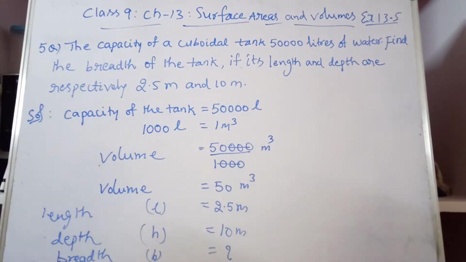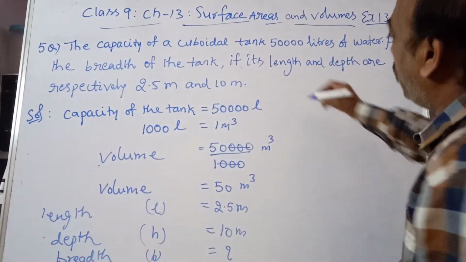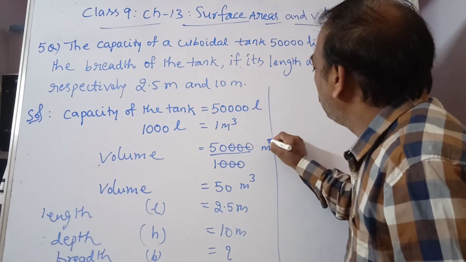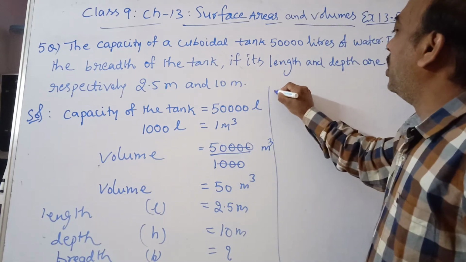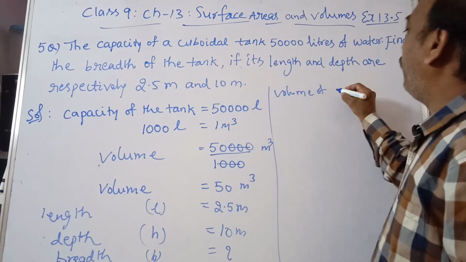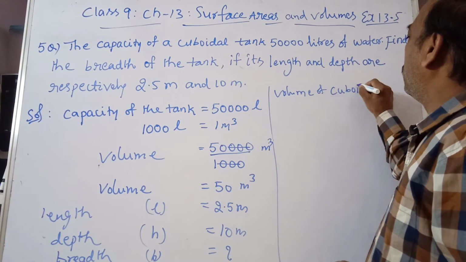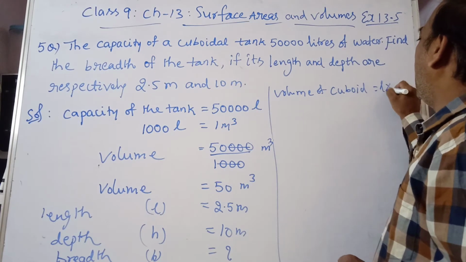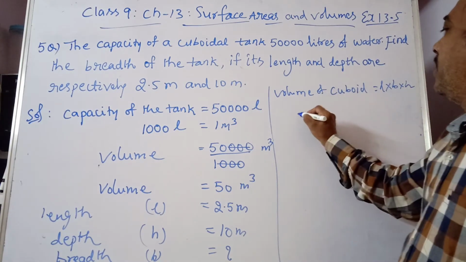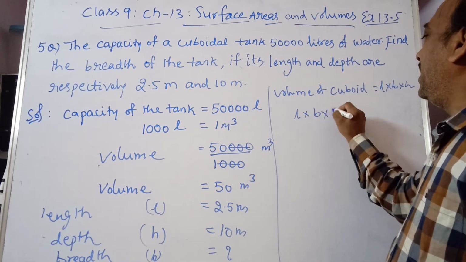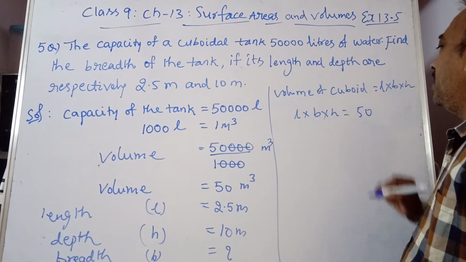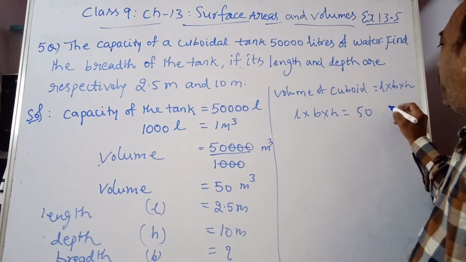What is the formula to find the volume of a cuboid? Volume of cuboid is equal to L into B into H. So L into B into H is equal to the volume we got, 50 meter cube.